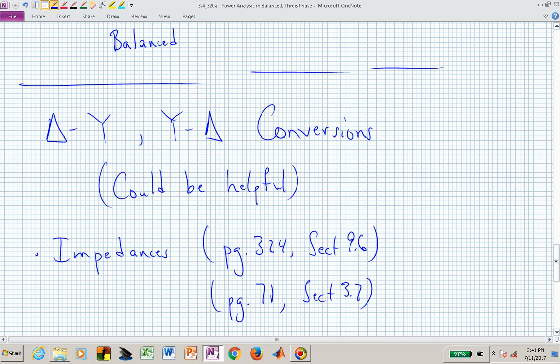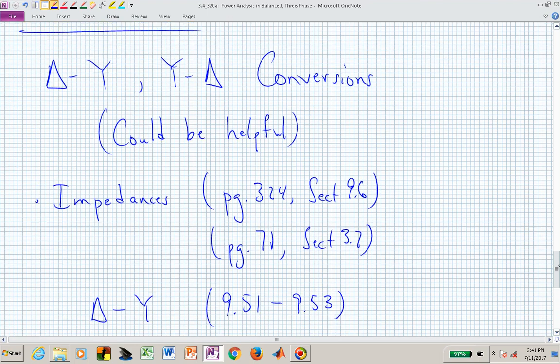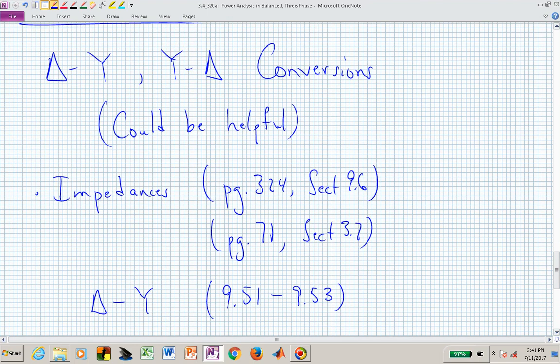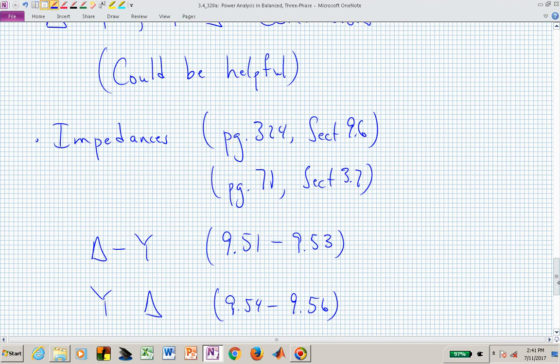And just to give you some formulas or equations to keep track of for impedances, you can find those either for sinusoidal steady state in section 9.6 of the textbook, or for the classical resistor case back in chapter 3, section 7, you can see the equations for converting impedances or resistors.